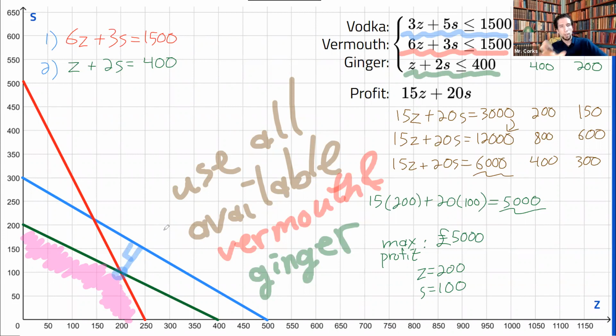And after doing this calculation, they realize, hey, we have extra vodka. If we want to use this extra supply for some other drink, sure, we have this many units available. When we do this in class next week, we'll talk about how we can calculate exactly that.